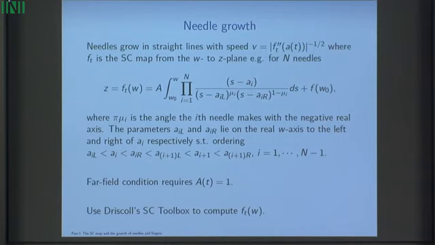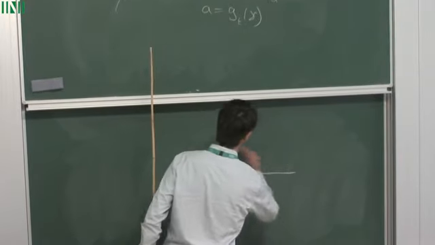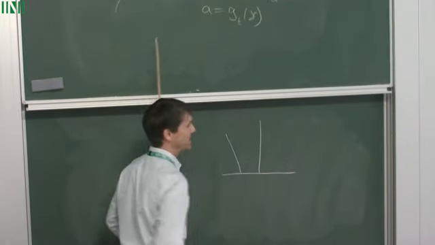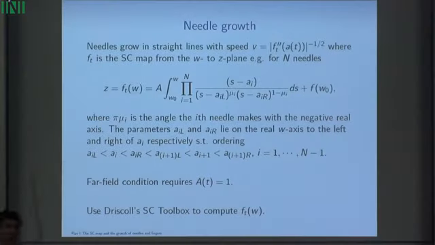So here you have something like this. You have a bunch of needles, straight needles, emanating from the real axis. This is a polygon, a degenerate polygon. You can map that to the half plane, and the map looks something like this.